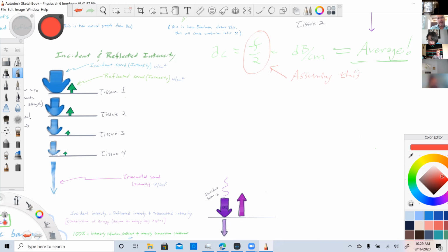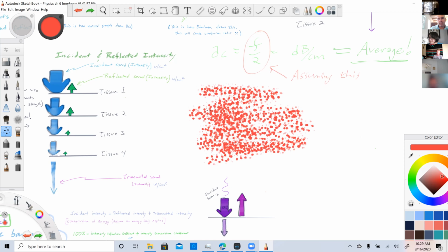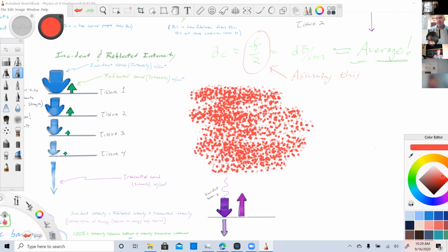So let me create, oh, I know how to do this. This is perfect. That's not how you do it. Let's try this instead. Okay. This is going to be liver tissue.